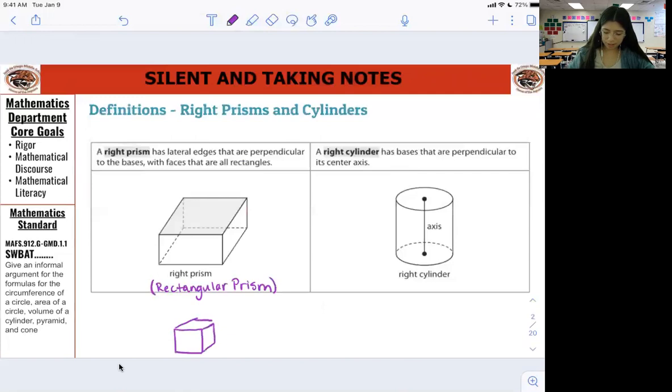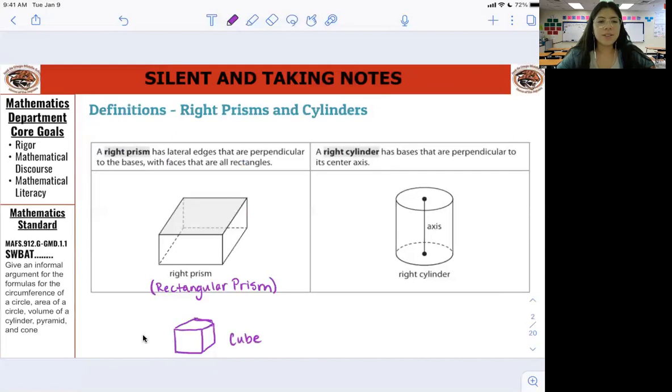So kind of like this. If the base is a square, what is that prism called? Anyone? So this is a rectangular prism, but what's this one? Good, a cube.